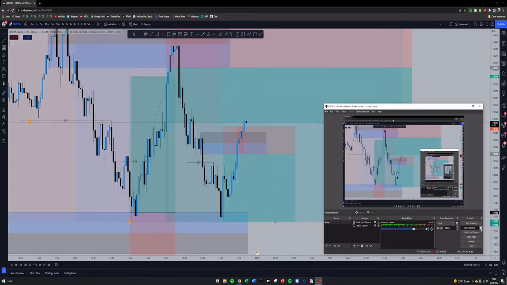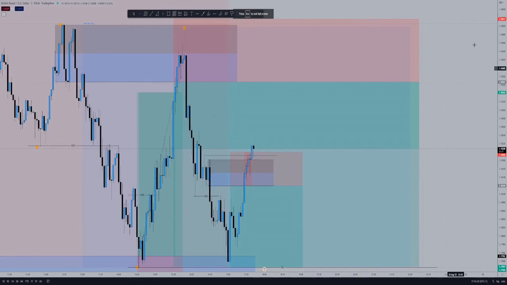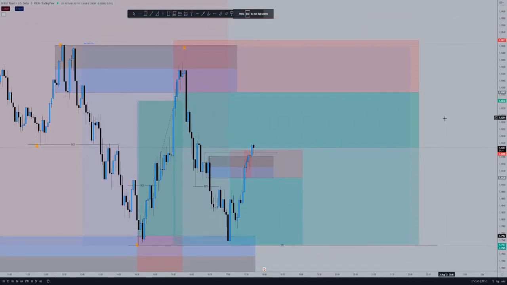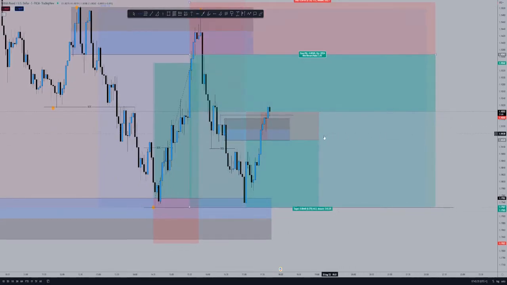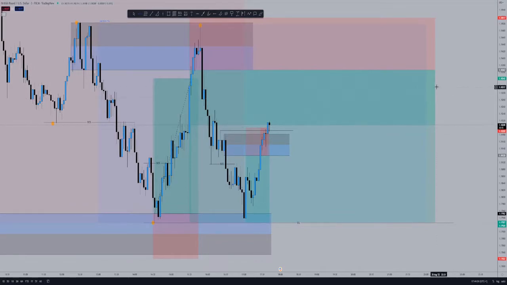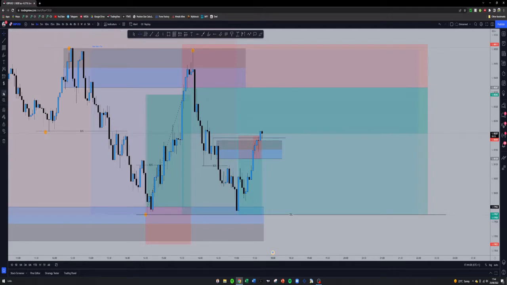Alright, so we are back, and as you can see, not the tastiest price action we've had. Obviously the supply in this case wasn't rejected, so would have taken us out for a stop loss hit. So that was a stop loss, but we're still in this trade, not as good as where we left it.